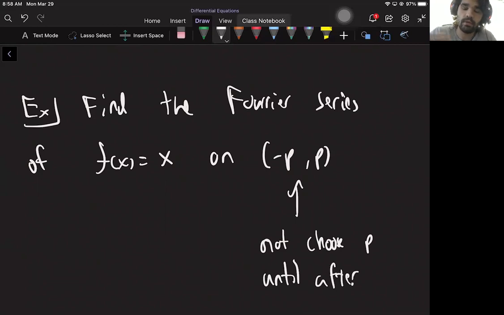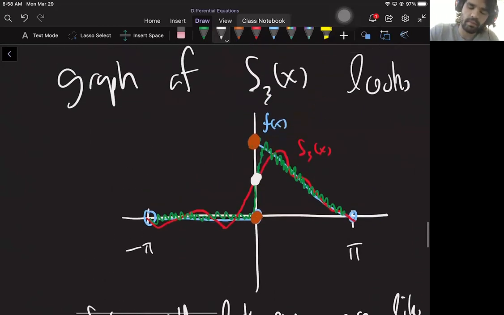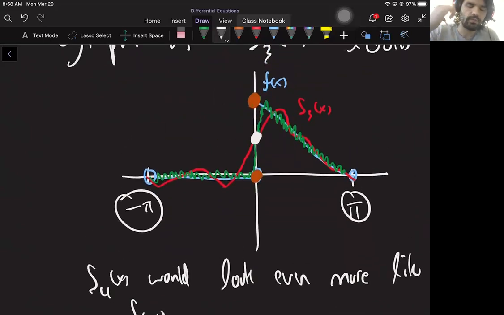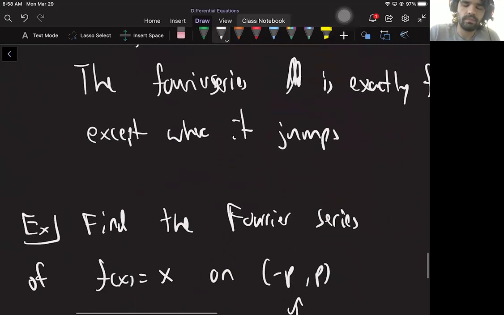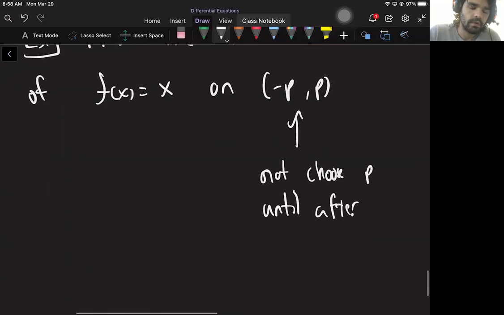What this allows you to do is create a more general formula. So notice I could have done this whole problem earlier and kept these as negative p and p, and then I would have a formula that works for other numbers besides just pi. So it's better to do this. Okay, so we'll choose p at the end.